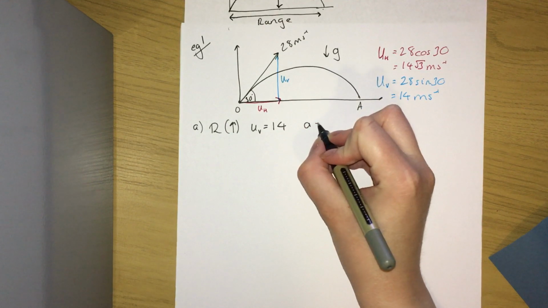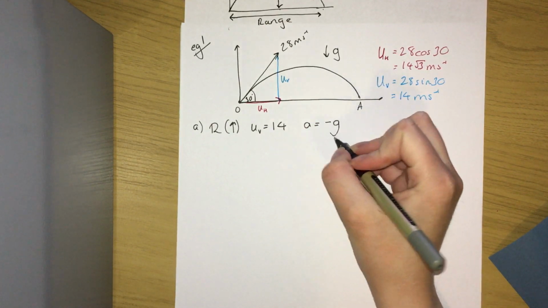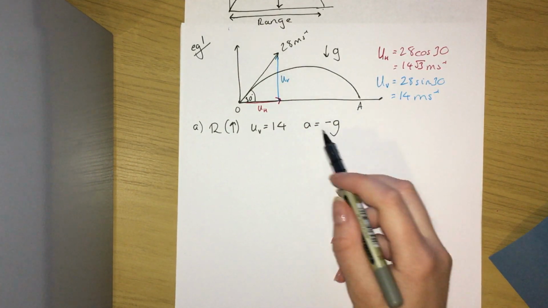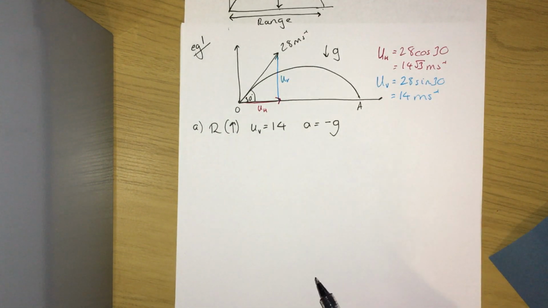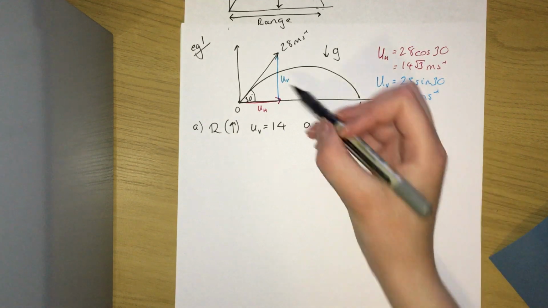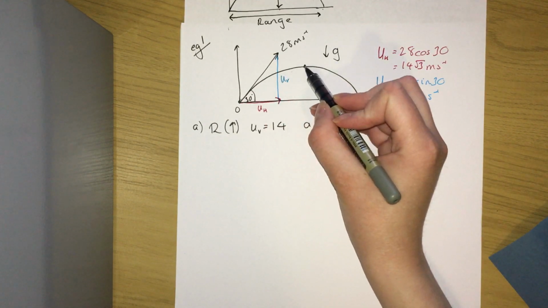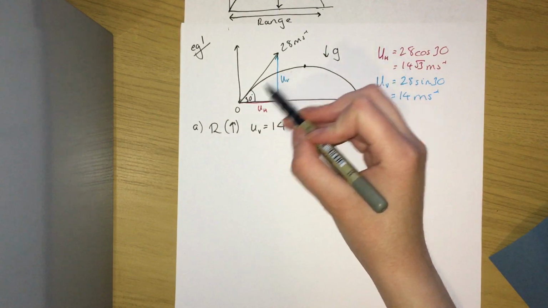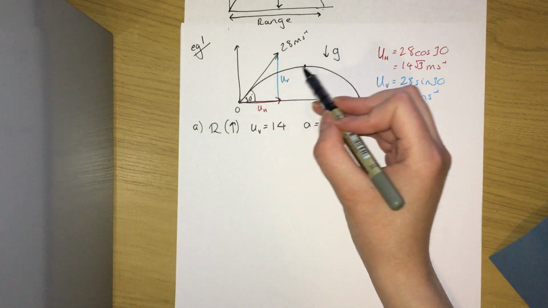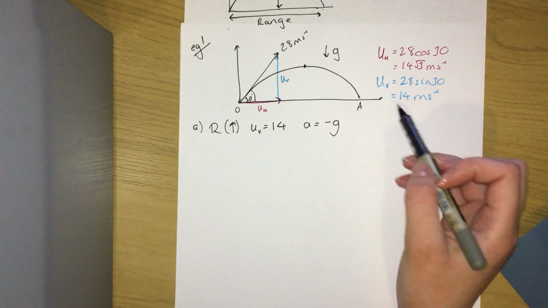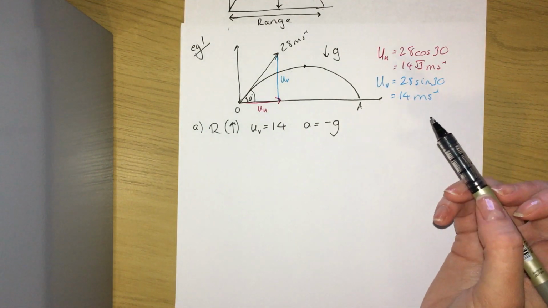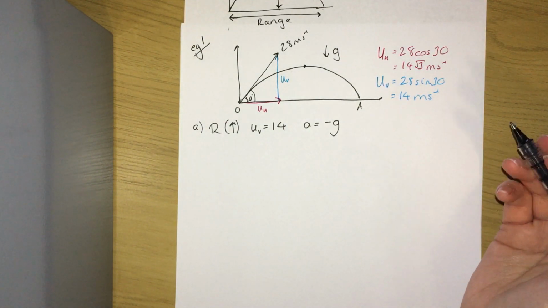My acceleration due to gravity is negative g, because I have defined upwards as positive. It makes sense that upwards would be positive because I am talking about it reaching this point. So the particle is moving upwards, and then it means that this initial velocity can be positive as well, rather than thinking of it as negative.